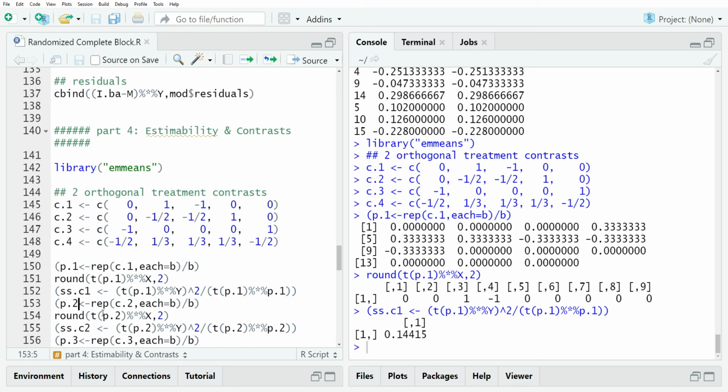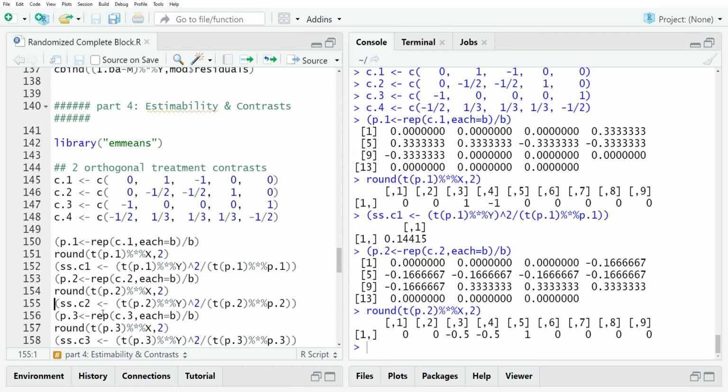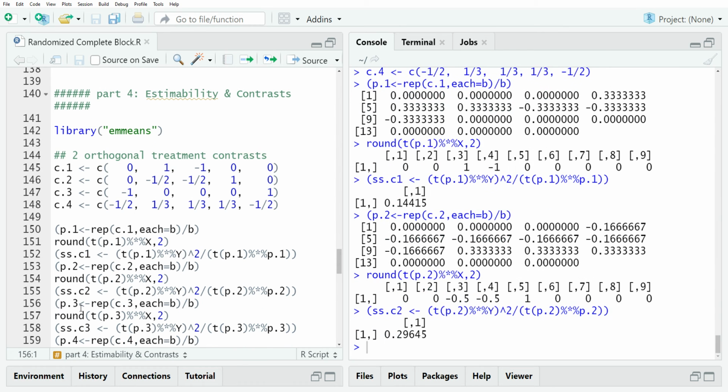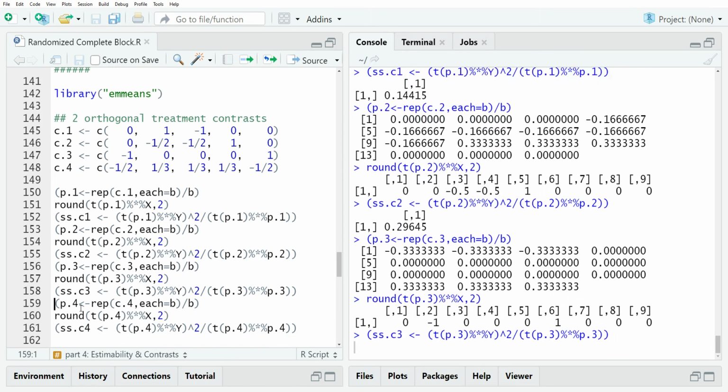Then what I do is I repeat the same process for the next 3 contrasts. So I create P2 based upon C2. And then I check to see if it's part of the row space, and this gets us the same matrix back. The sums of squares associated with it. P3, I'm going to go a little bit faster here.